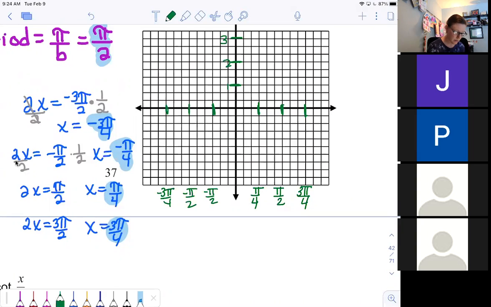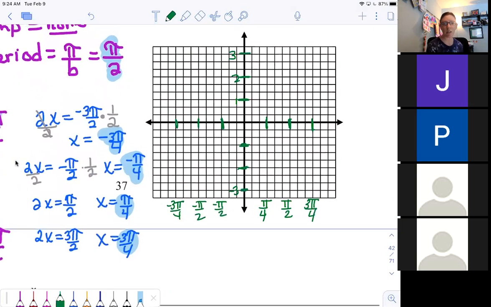Or count down 3. So here would be the labeling of the graph. So we're labeling the graph, still counting by the same increment. Because we have pi over 4 values, we counted by pi over 4.